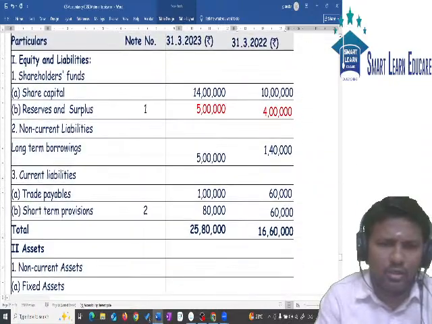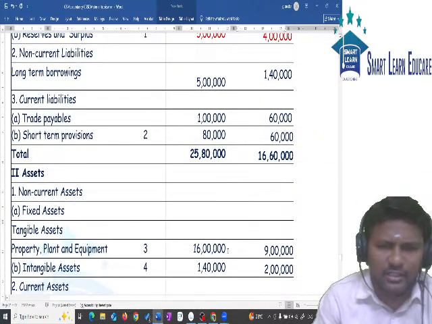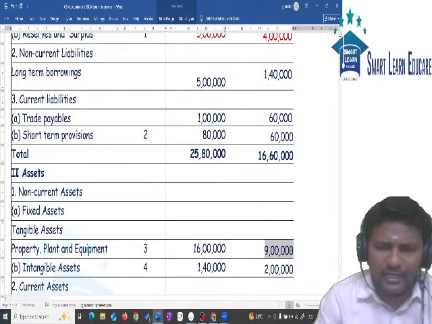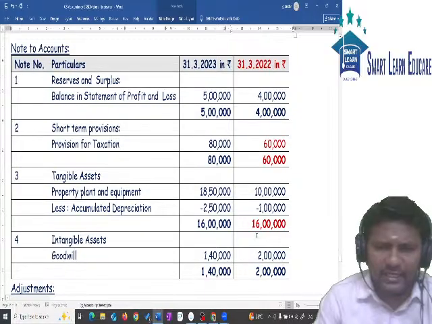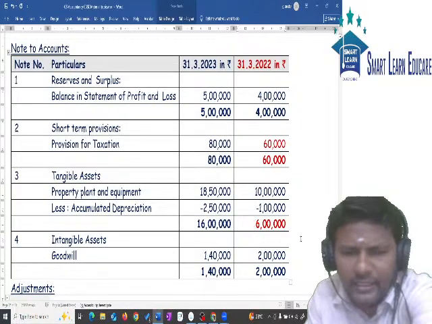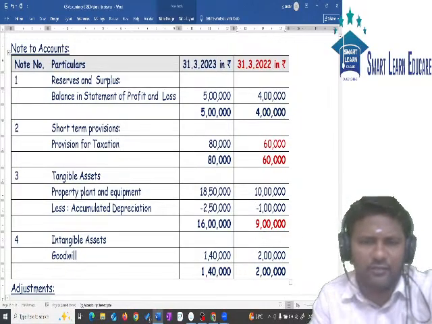What is the amount of plant and machinery given? 16 lakh and 9 lakh. Correct? So how is it 9 lakhs? 10 lakh minus 1 lakh will give you 9 lakh.